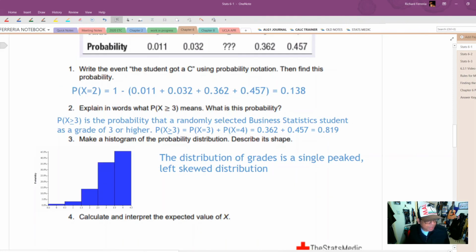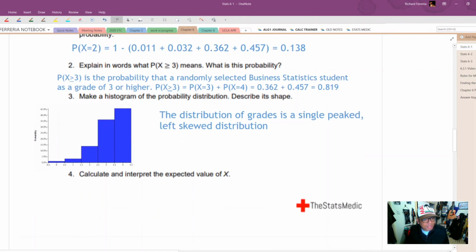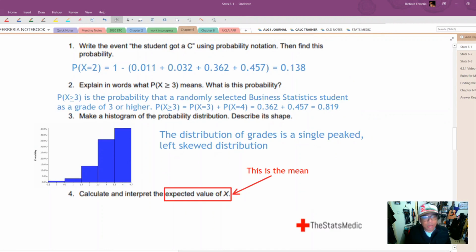Make a histogram of the probability distribution and describe its shape. Very simply, the histogram here looks like a left-skewed distribution. And lastly, calculate and interpret the expected value of x. Expected value of x is the same thing as the mean. So this question is, calculate the mean.